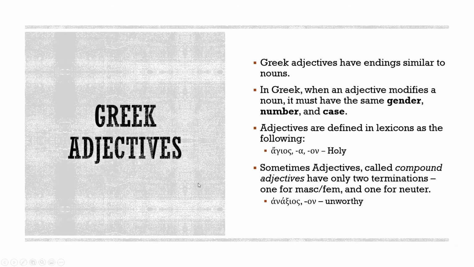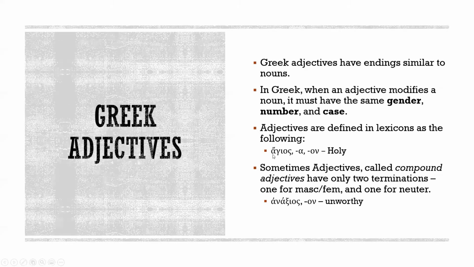So what is the nature of Greek adjectives? As you had noticed earlier, Greek adjectives have endings similar to nouns. So in Greek, when an adjective modifies a noun, it must have the same gender, number, and case. And adjectives are defined in lexicons as the holy.